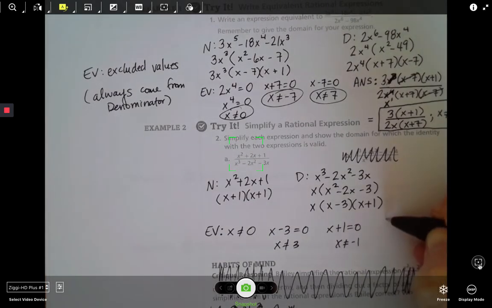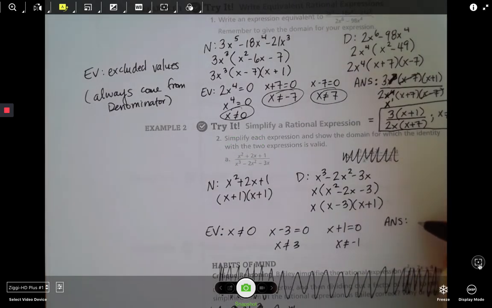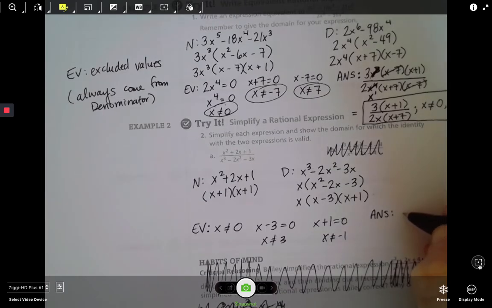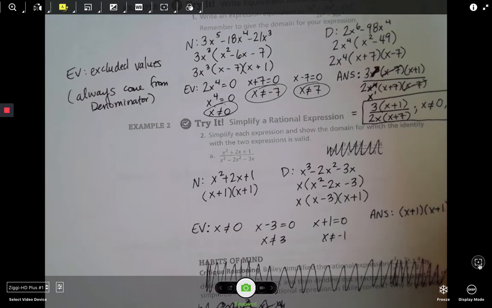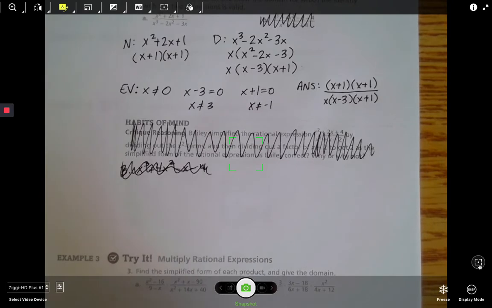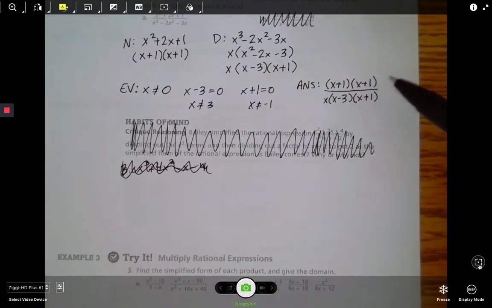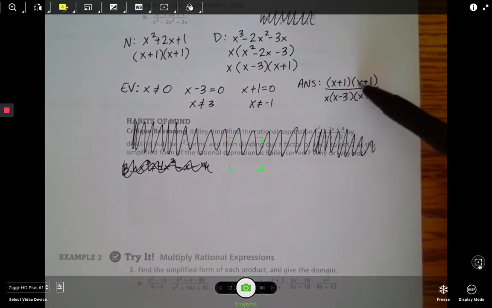So for my answer, I'm going to write my numerator in factored form over my denominator in factored form. I'm going to simplify where I can. Do you see how there's two x plus 1's in the numerator, right?